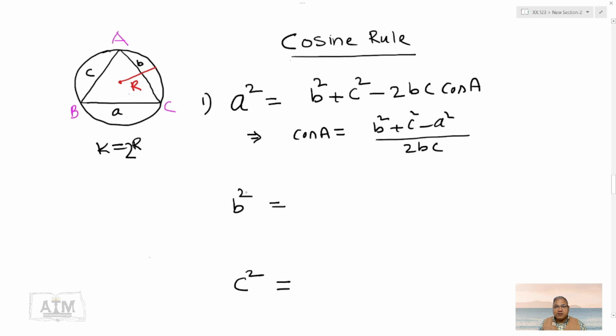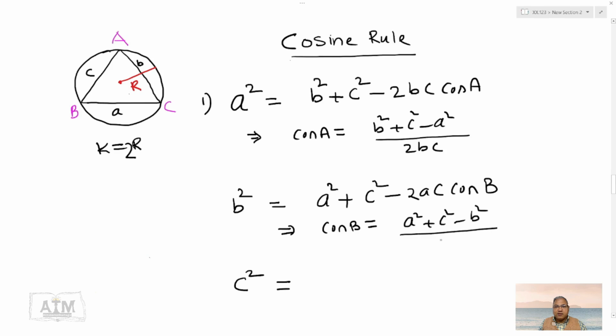Similarly, if you wish to find b square, the other two sides are c and a. So b square equals a square plus c square minus twice ac cos B. We can also write it as cos B equals a square plus c square minus b square upon twice ac.